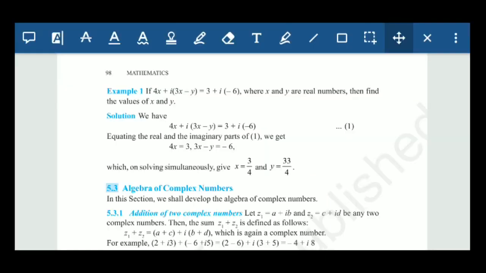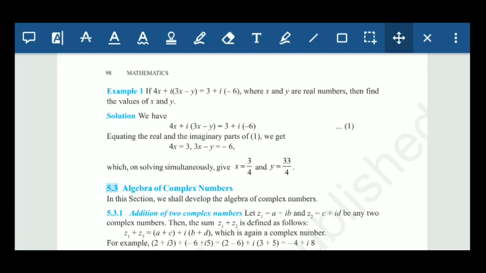Now see, I am going to start the first example. In this example, on the left hand side is one complex number and on the right hand side is another, but both are equal. They have already given that both complex numbers are equal, then you have to find the values of x and y.